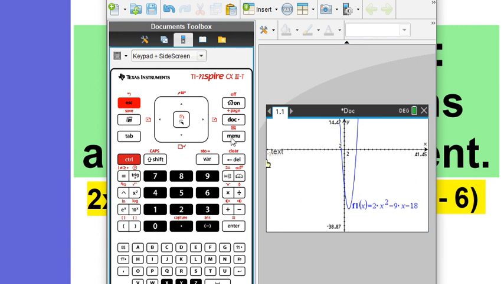Now, our second function, press tab for a new command line, is 2x plus 3 times x minus 6.